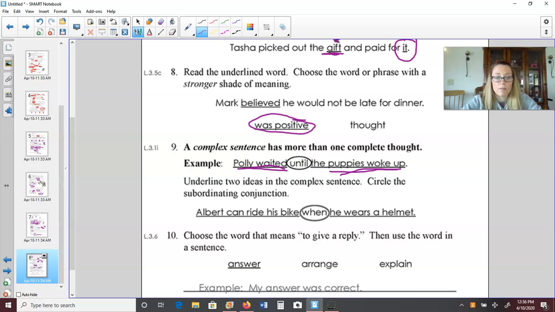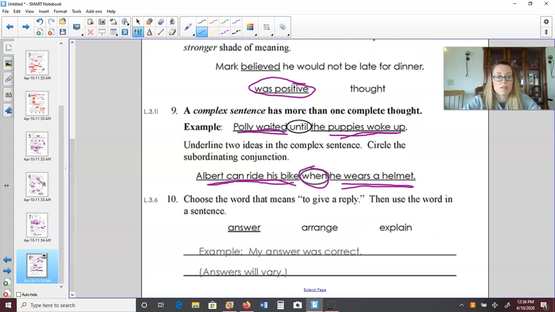So Albert can ride his bike when he wears a helmet. So Albert can ride his bike. He wears a helmet. And then the word here in the middle is kind of joining those two thoughts together. Not quite a compound sentence, but the same type of idea.